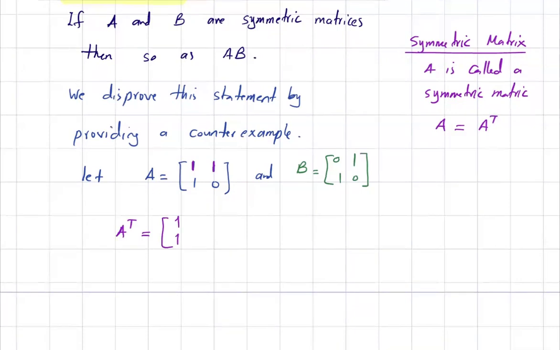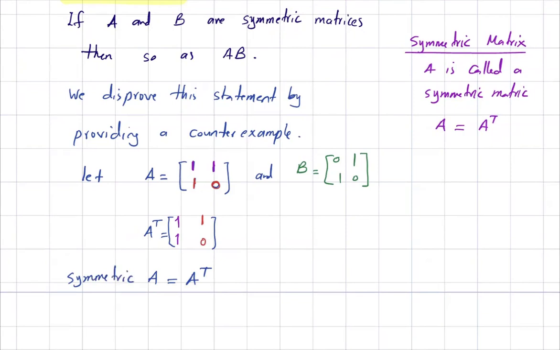And the second row, which is 1 and 0, becomes 1 and 0, the second column of your matrix. So what's happening here? We see that matrix A is a symmetric matrix. It is equal to its transpose, no doubt there. So A is equal to A transpose, or it is symmetric.